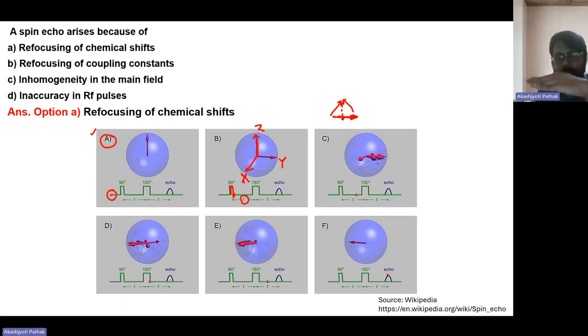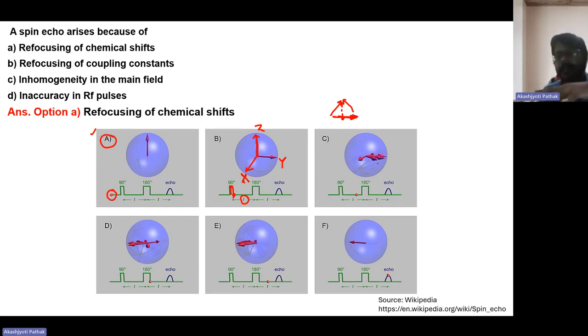At the end of the 90-degree pulse, all my nuclear spins are along the y axis. Now I've stopped the pulse, so they will start to relax or dephase and get back to the original position.